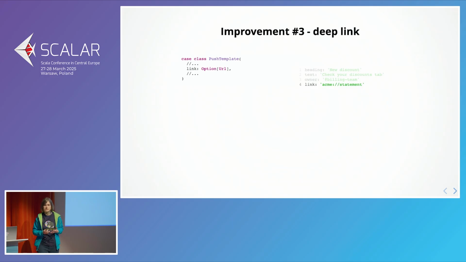A similar situation we can imagine with the link. In the world of push notifications, your notification can direct you to a so-called deep link, so that when your mobile application is registered on your phone with the ACME prefix, then a link like that would redirect you to a specific place of the app, maybe to the statement or maybe to the offers app.